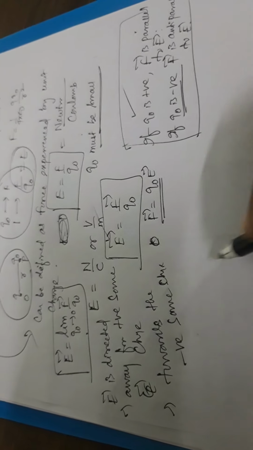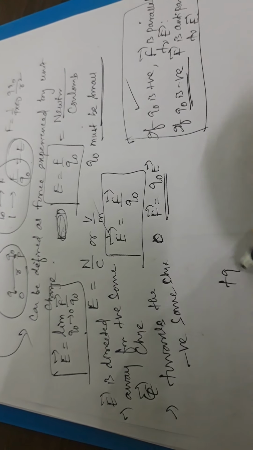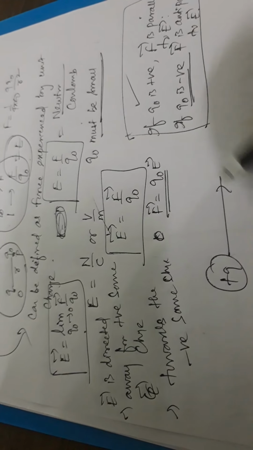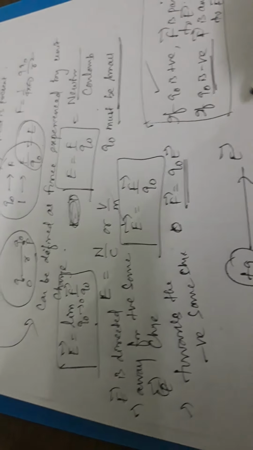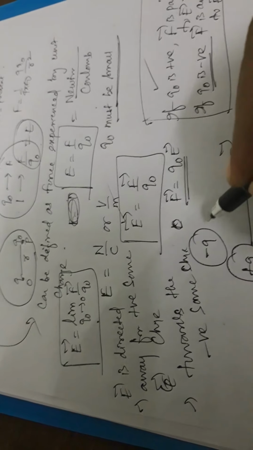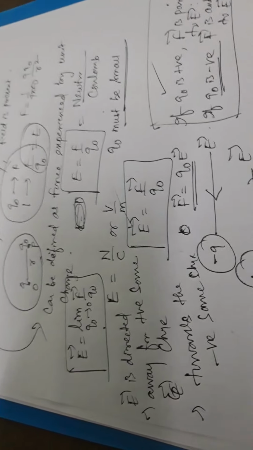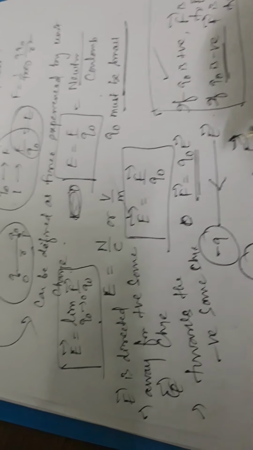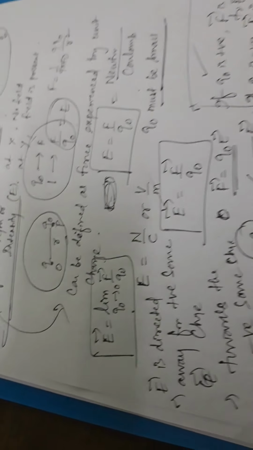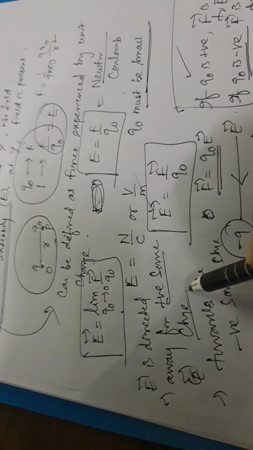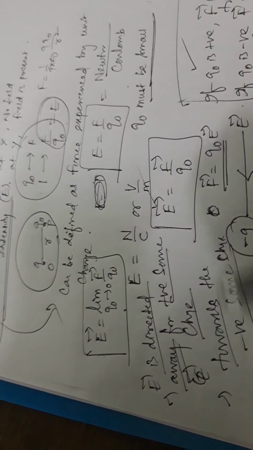Means suppose here plus q, then electric field is away from it. If it is minus q, then electric field is towards it. Are you clear? So for the positive source charge, electric field is directed away. For the negative source charge, electric field is towards the negative source charge.